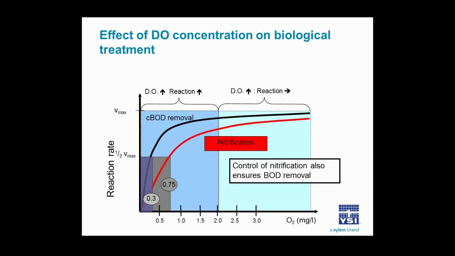And so taken together, these curves mean that control of nitrification also ensures BOD removal and establishes the basis for maintaining DO at or below a 2 milligram per liter set point.